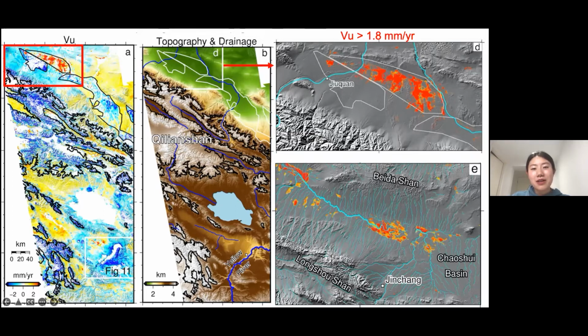So the water here is ponding and accumulating, which suggests the uplift signal is most likely due to this accumulation, an increase in water content in this area.